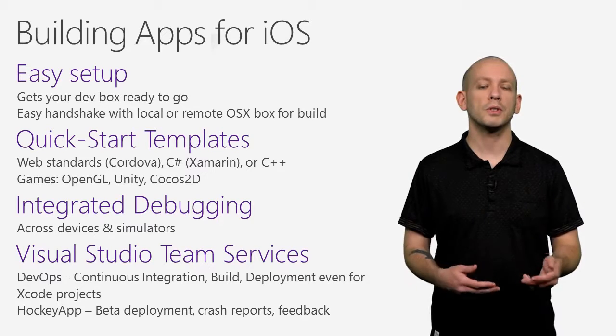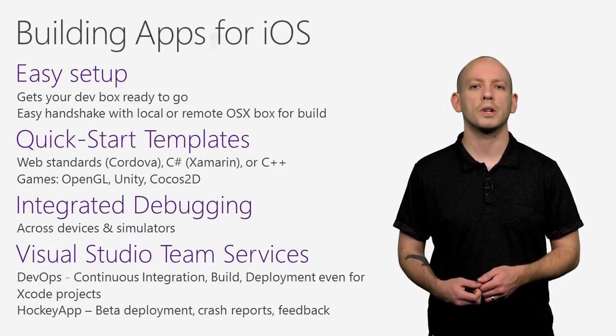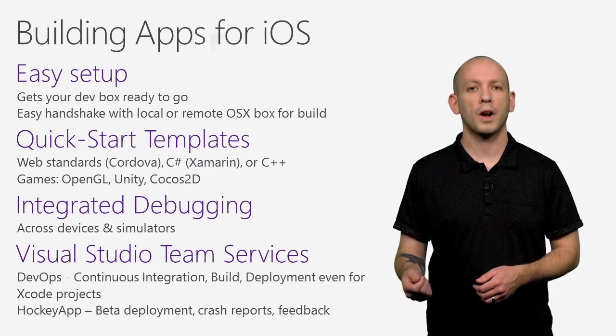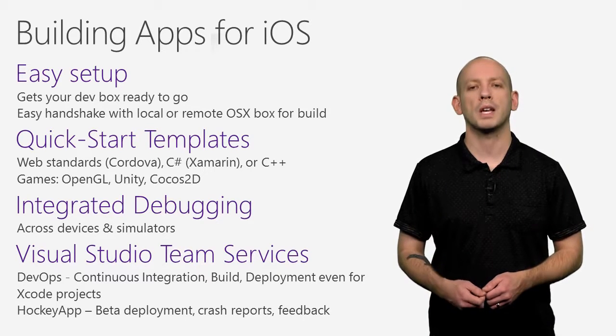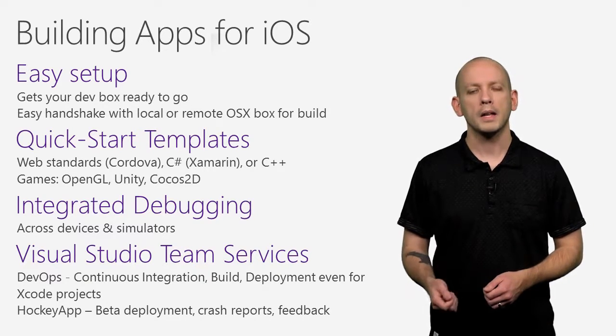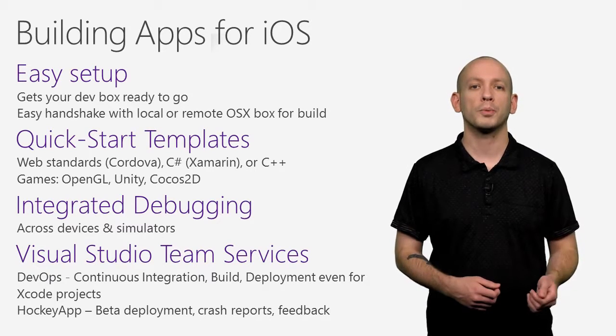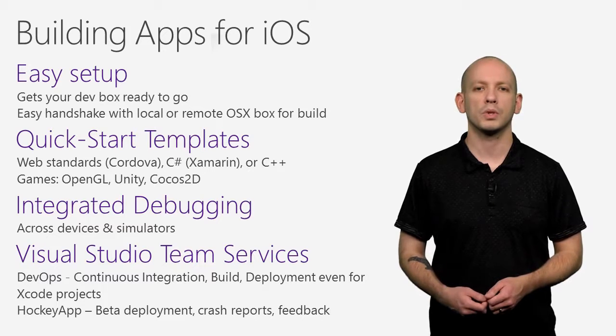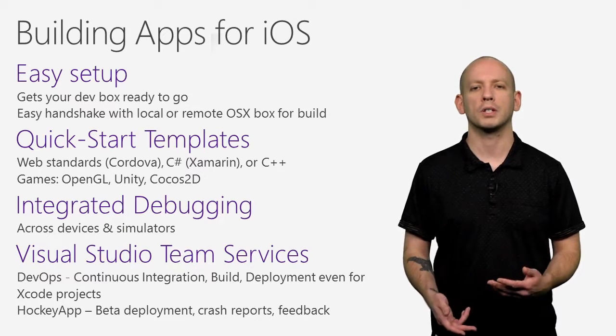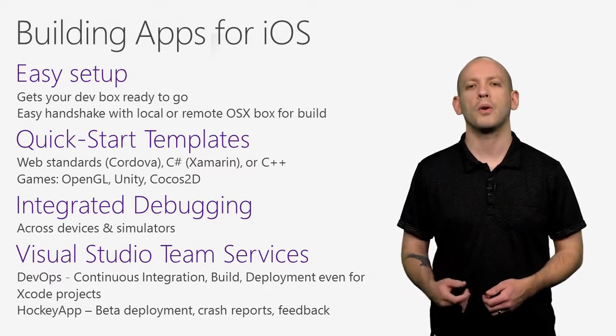Visual Studio Team Services supports continuous integration and deployments for iOS apps no matter how you've built them, even if you're using Xcode. And you can use HockeyApp for your post-production needs, like distributing betas, analyzing crash reports, and getting feedback from your customers. Let me show you how all of this works.